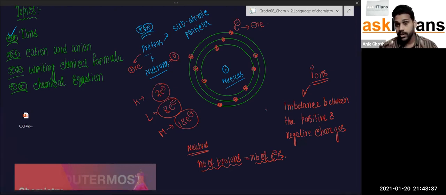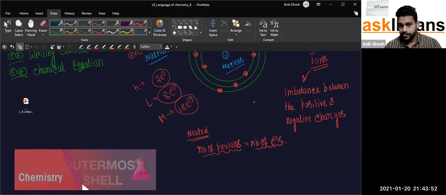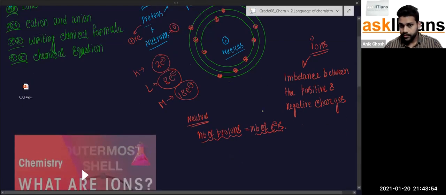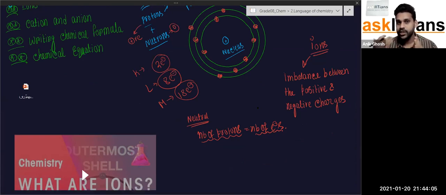Okay, got it until now? No. Okay, fine. So now when can an ion get formed? When can an ion get generated? When the number of protons and the number of electrons are not equal, only then an ion can get generated.